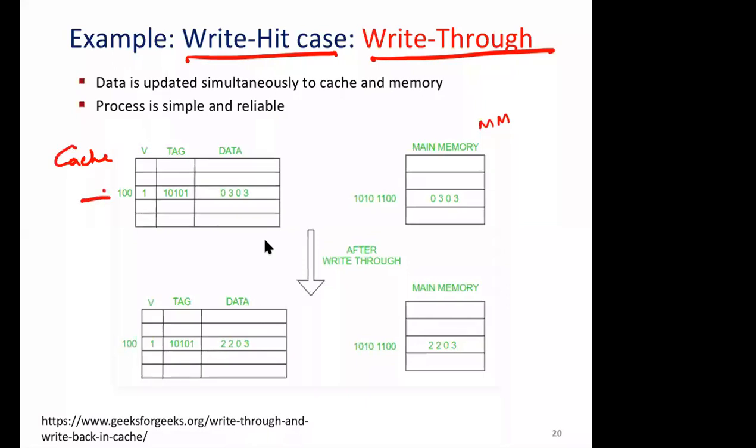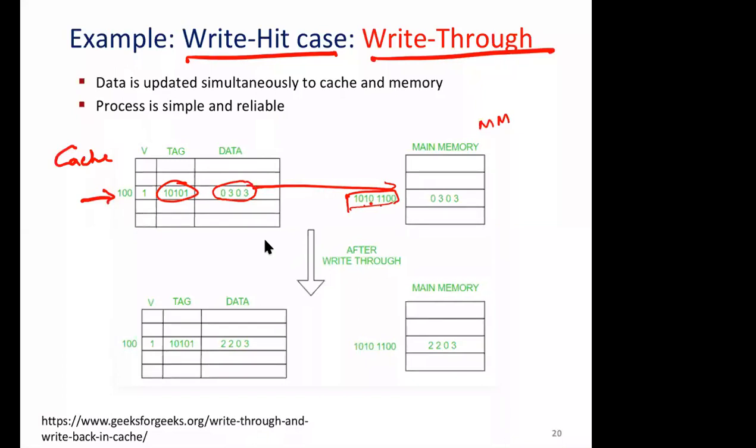The location happens to be this, and it's available. So the tag bits match and so on. The old data is 0303, and the same data exists in memory. And the address that is issued by the CPU is 10101100.